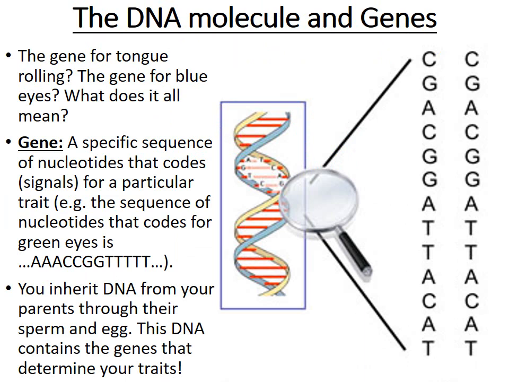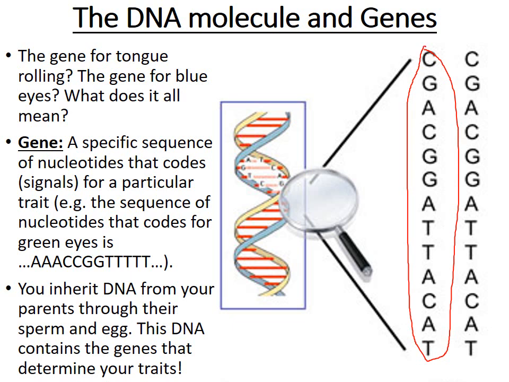So now let's take a look at what a gene is. A gene is a specific sequence of nucleotides. So you know what nucleotides are now. They have the letters to represent what they are. It's a specific order of them that codes for a particular trait or protein. So in your DNA, this sequence of letters will code for your traits, your characteristics.